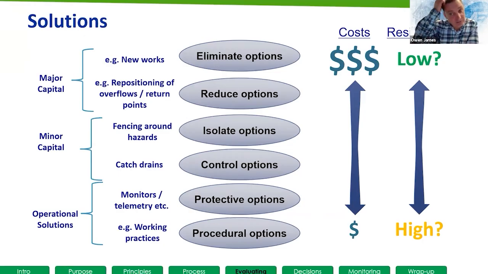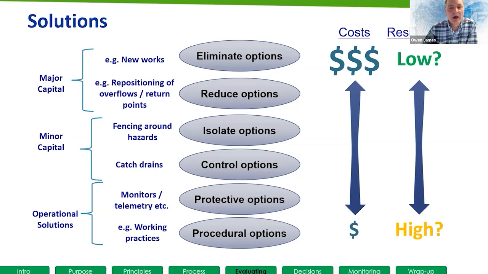I did say that we never eliminate risks, but to all intents and purposes, let's assume that some risks can be eliminated. However, those big engineering solutions do cost a lot of money. At the other end of the spectrum, there are those more operationally orientated options that don't cost much, but they might only reduce the risk a little bit.